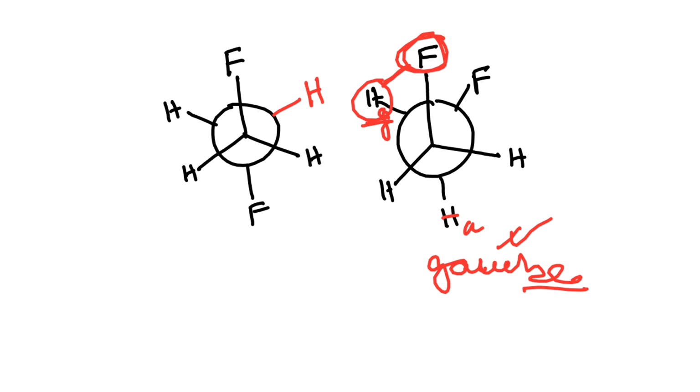So normally what is hyperconjugation? In the case of hyperconjugation, we have a positive center and we have an adjacent CH bond, and that CH bond donates electrons towards the positive center, right? This is hyperconjugation. Then what will be negative hyperconjugation?